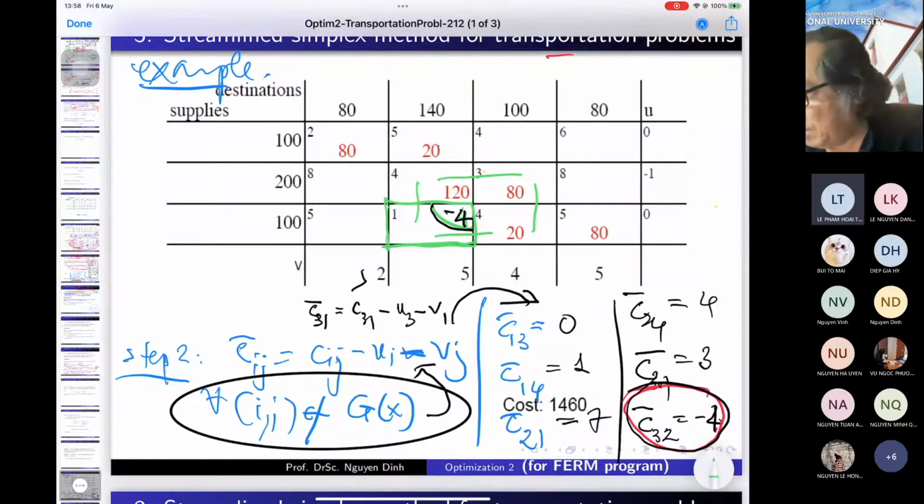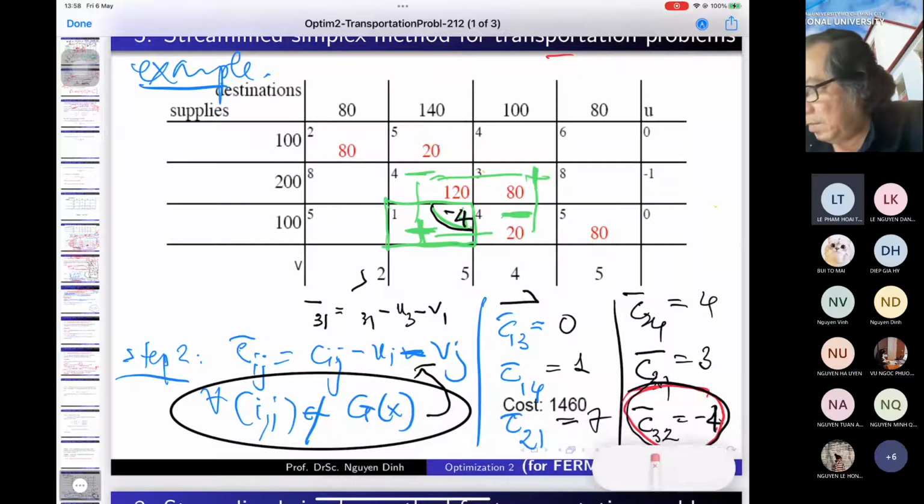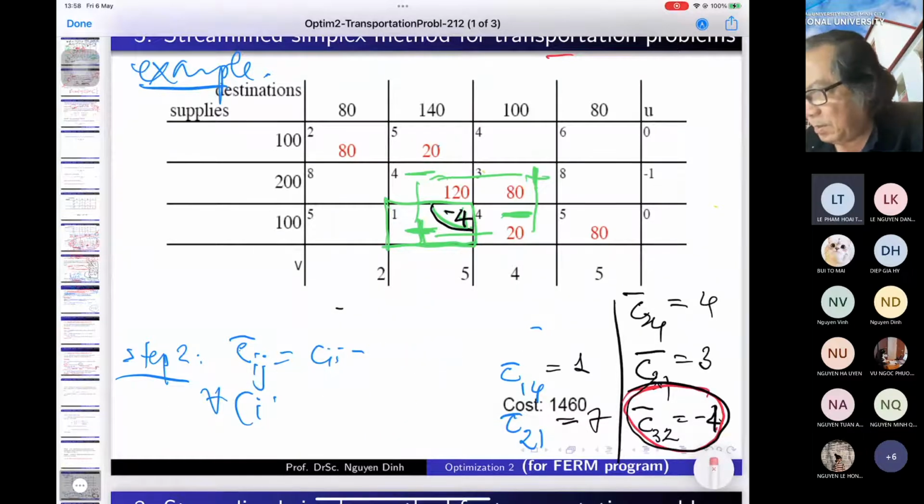And for the cell you enter, you put the plus sign, then minus, plus, and then minus. Is that okay? And in this cycle, because c bar 32 is minus 4, that means at the beginning, you remember, the xij, let me delete this one so I can write something here for you to see.